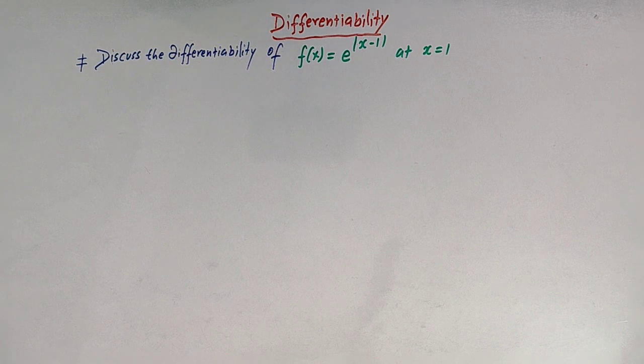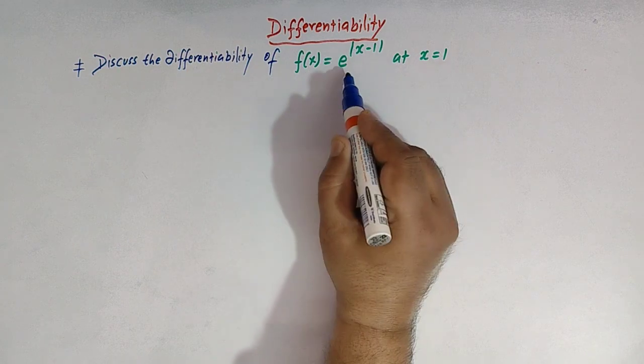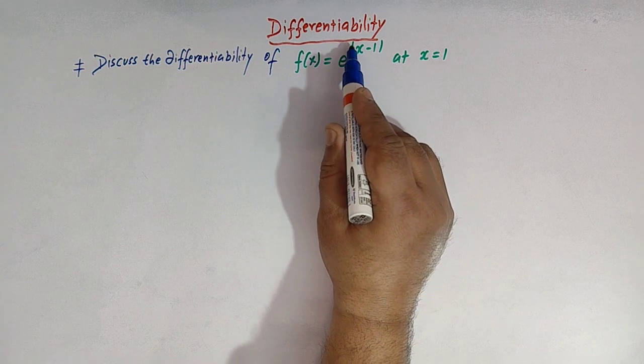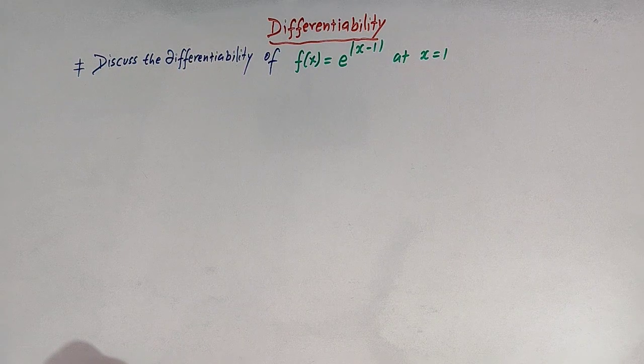Hello viewers, in today's class we are going to discuss yet another important and conceptual problem from differential calculus related to differentiability of functions. The problem is to discuss the differentiability of f of x equals e raised to mod of x minus 1 at x equals 1.